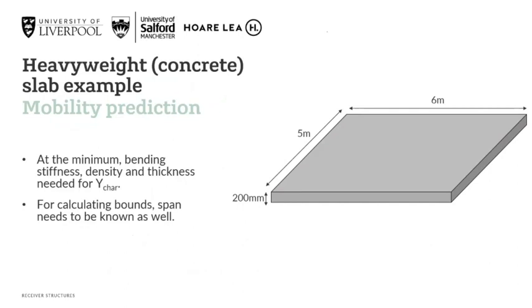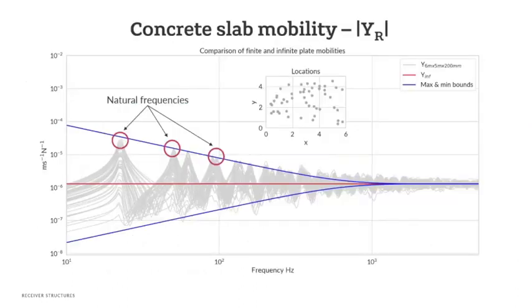If you want to see how they match a finite plate mobility, I've done a little simulation utilizing the characteristic mobility for a 200 mil thick concrete plate and compared that to a finite plate of the same thickness, with finite bounds of 5 meters by 6 meters. I've looked at around 50 random points on the simply supported concrete slab.